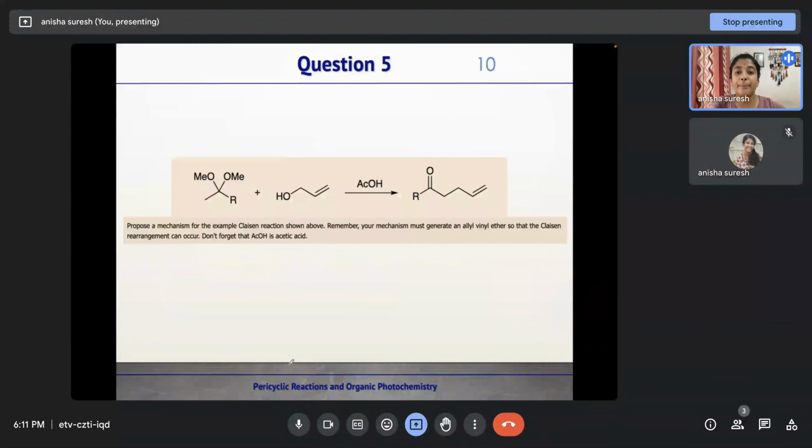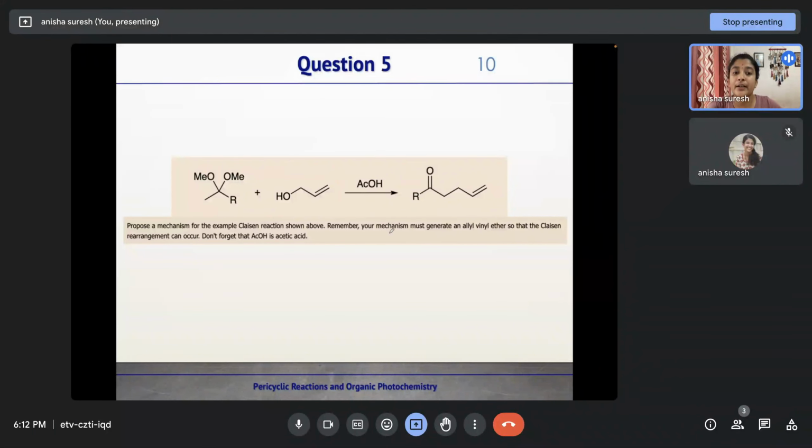Now coming to question number 5. Here we are given a ketal, and this is an allyl alcohol in the presence of acetic acid. It is giving this product. We are asked to propose a mechanism for this Claisen reaction.